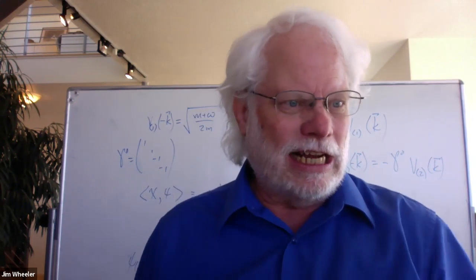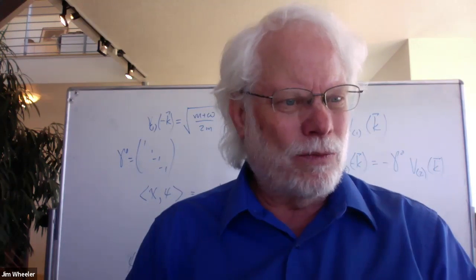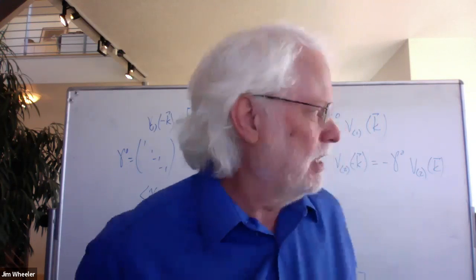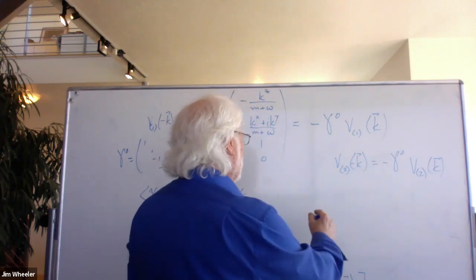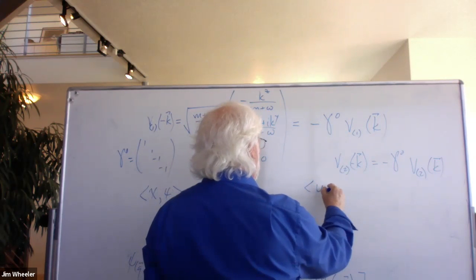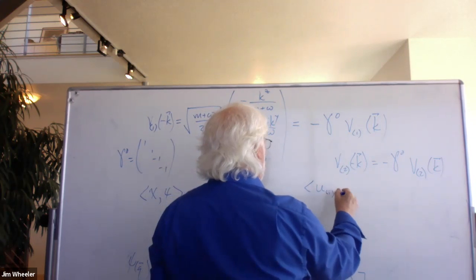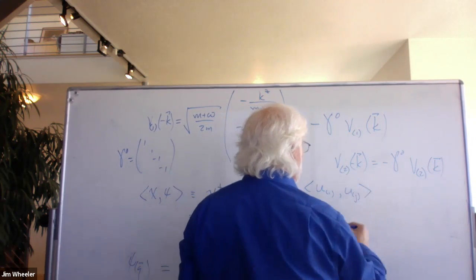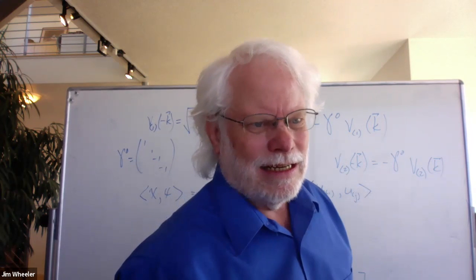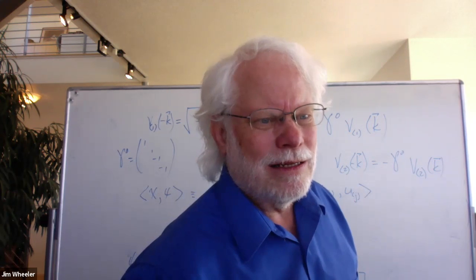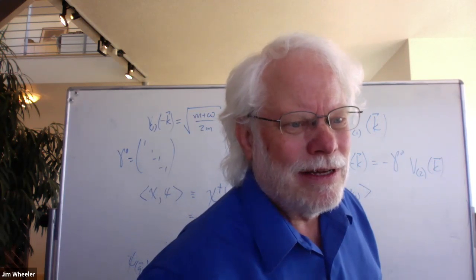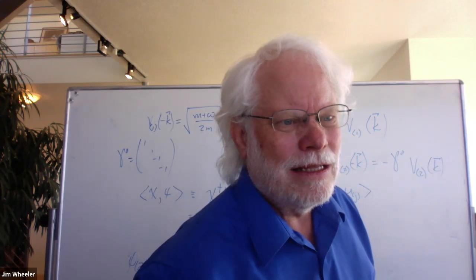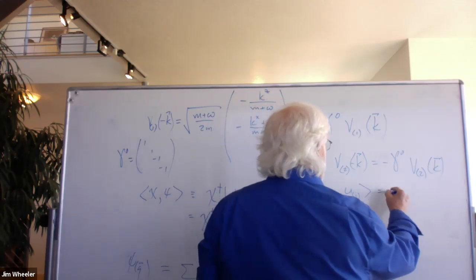Probably as an exercise, I've had you compute inner products. There's a typo of the u's and the v's. They're the following. The inner product of u_i with u_j is the Kronecker delta for ij.